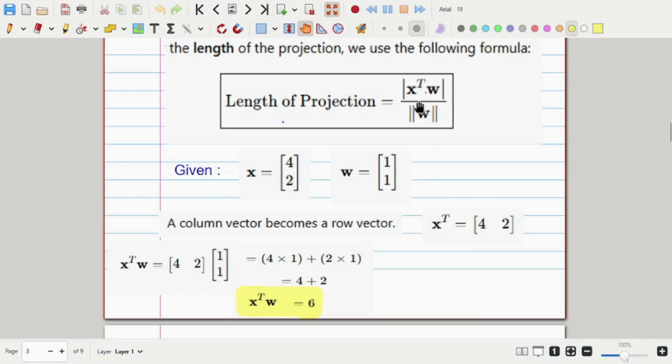Now calculate the numerator X transpose W, which is equal to row vector 4 and 2 multiplied by column vector 1 and 1. So 4 into 1 plus 2 into 1. 4 into 1 means 4 plus 2 into 1 means 2. So 4 plus 2 means 6. So X transpose W is 6.